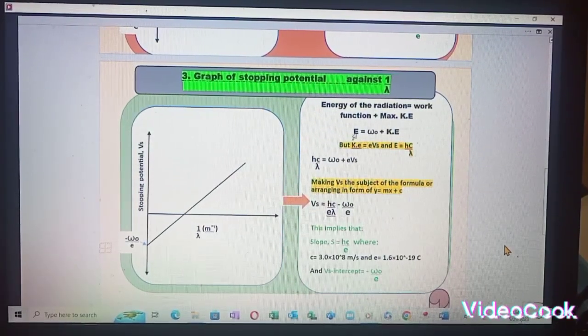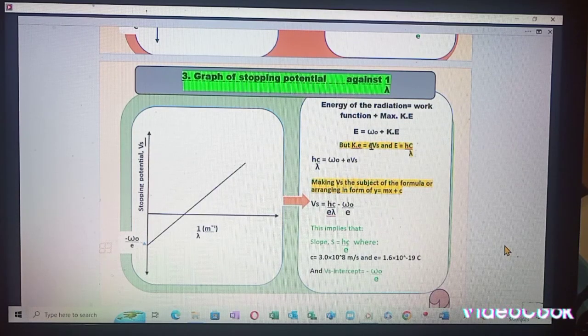Then we also have kinetic energy, which can occupy EVS. Remember, kinetic energy has three formulae. We can have half MEV squared, we can also have EVS, or can just be kinetic energy as it is. Remember, this other energy E can also occupy two forms. It can be in the form of HF, and can also be in the form of HC all over wavelength.